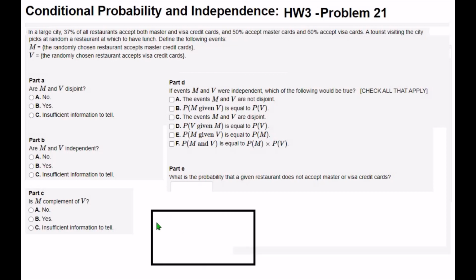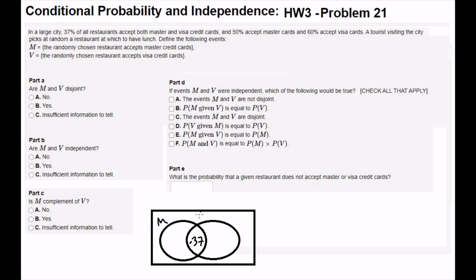So in the Venn diagram we have MasterCard and we have Visa card. And we know that 37% accept both, 0.37, and we know that 50% accept MasterCards.